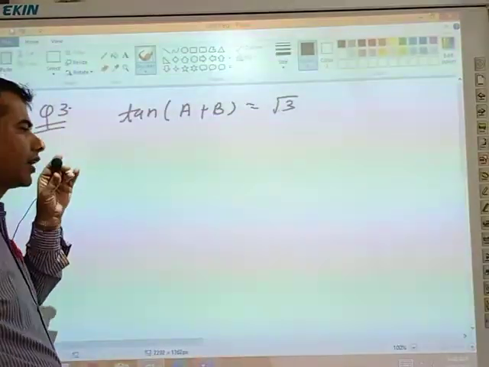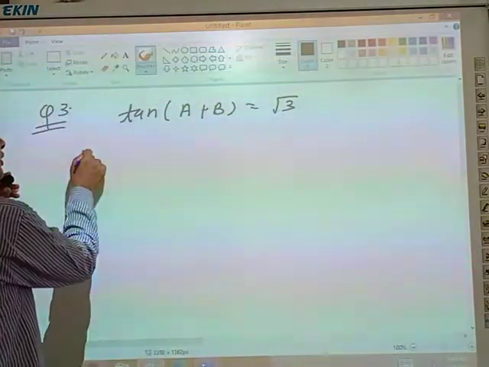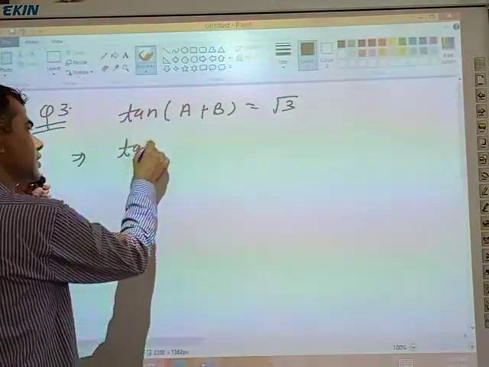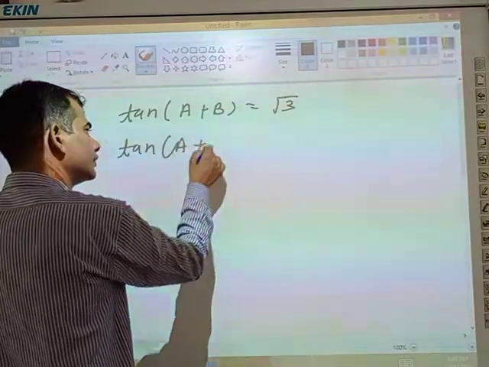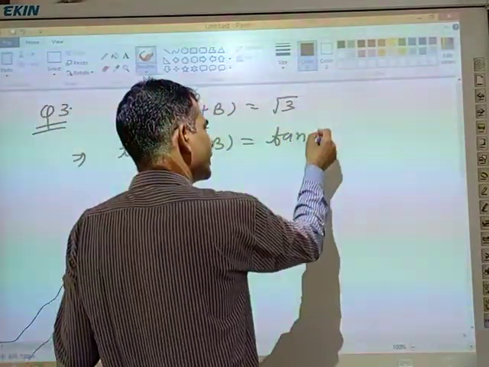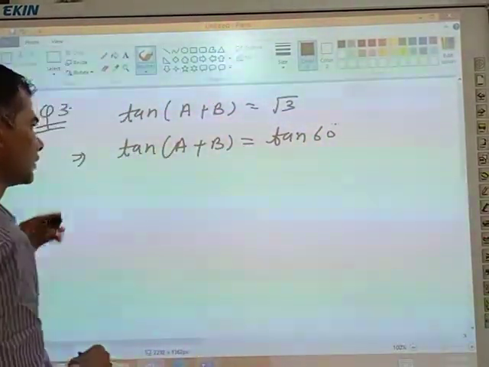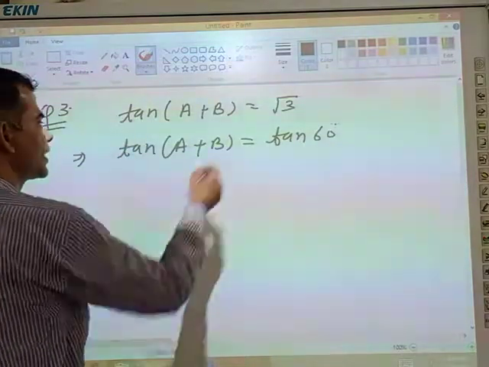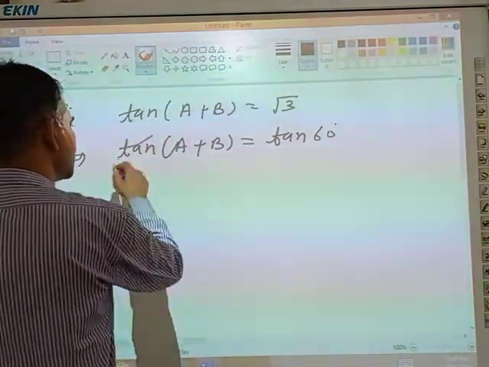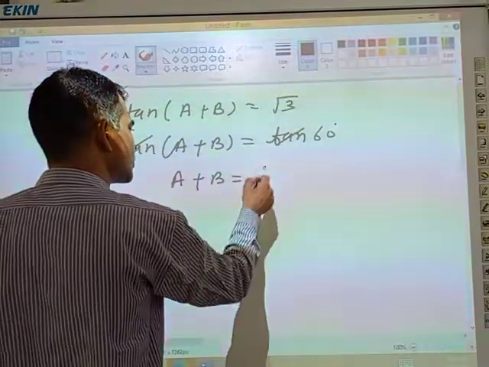Tan 60. Yes, tan of a plus b, tan of 60 degree. We can replace root 3 as tan 60. Now tan same, then angle will be equal. That is angle a plus b is equal to 60 degree.